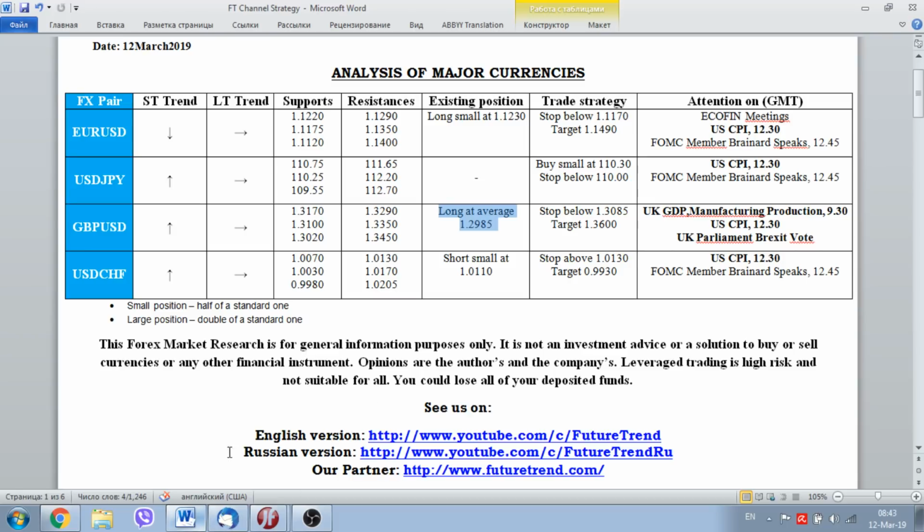That's why we moved our target on the existing position to 136, but at the same time we tightened our stop, now a stop profit, to 130.85.